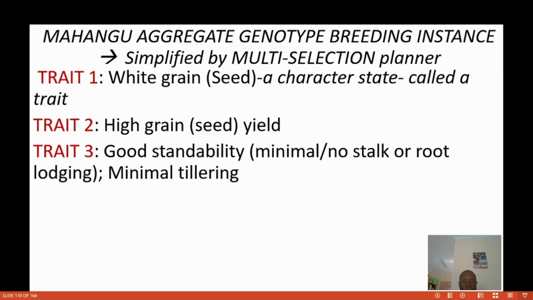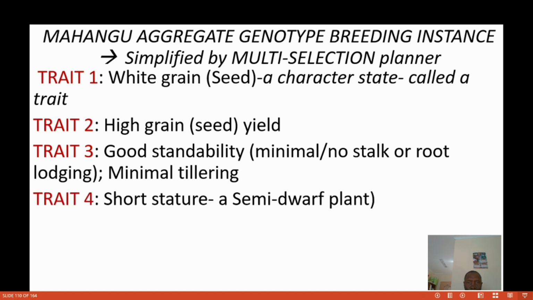You want to combine good standability, a stand that is not too tall, so that when the wind comes it will not knock it out, and minimal tillering, because the tillers take a lot of the photosynthesis, the carbohydrates, and rob those that can go into a big high grain seed. You probably want a semi-dwarf plant, because then all the photosynthesis is directed into the seed.